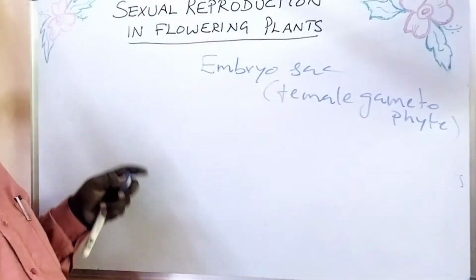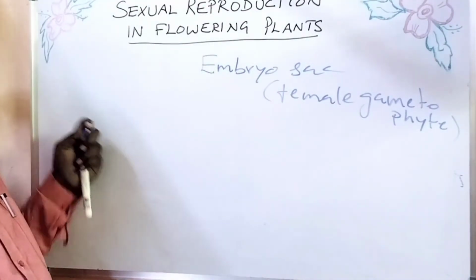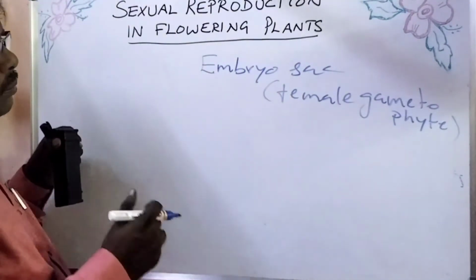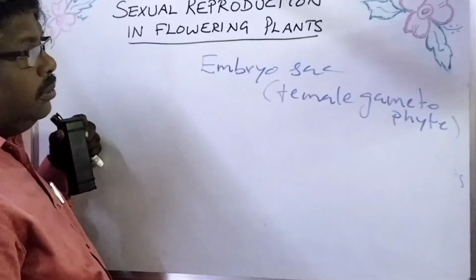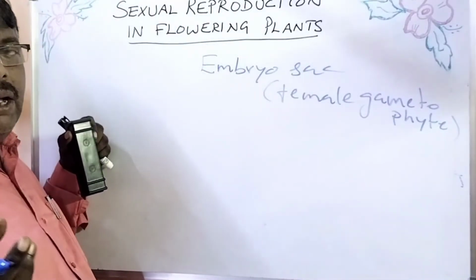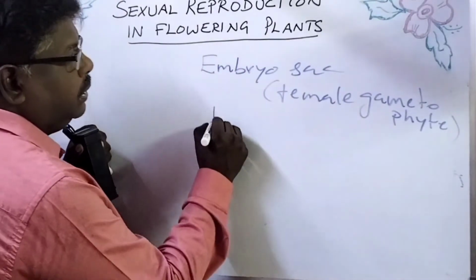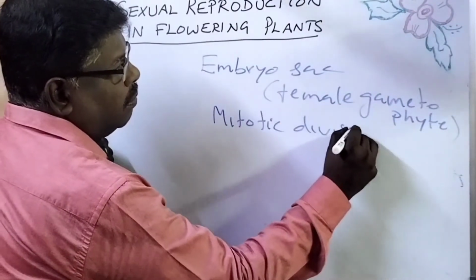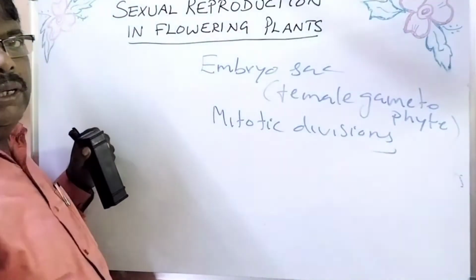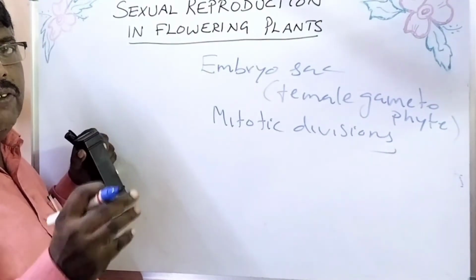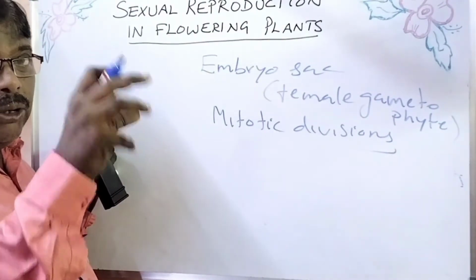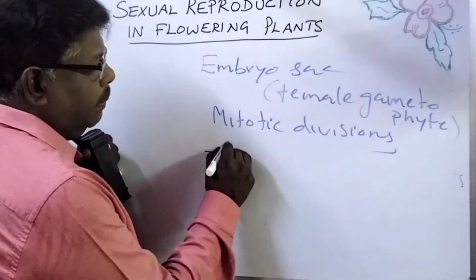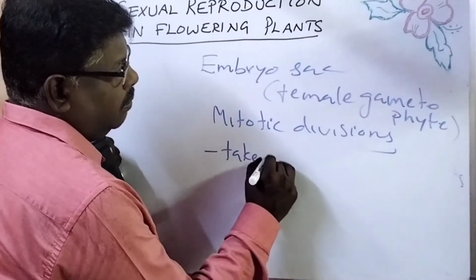Now we'll see the structure of the embryo sac. That functional megaspore will undergo mitotic divisions. The formation of the embryo sac will take place in the micropylar region.